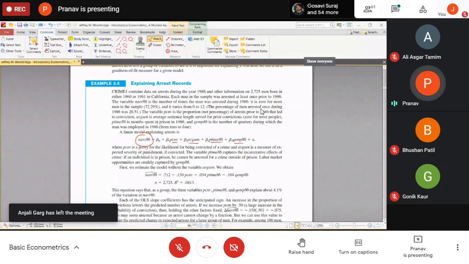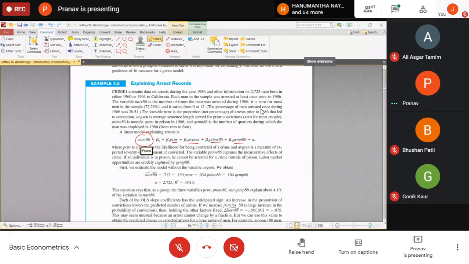So here there is a linear model which tries to explain a relationship between the number of times a man gets arrested during the year 1986, and it depends on what his prior conviction is, or whether he was arrested prior to 1986 as well, that led to his conviction.